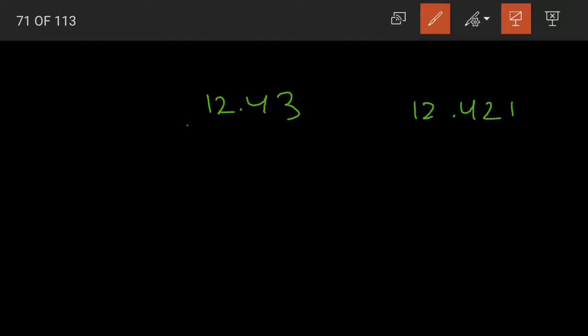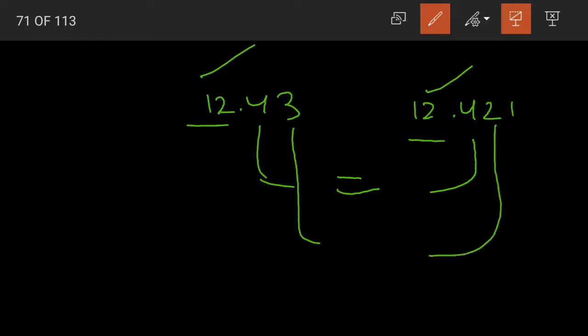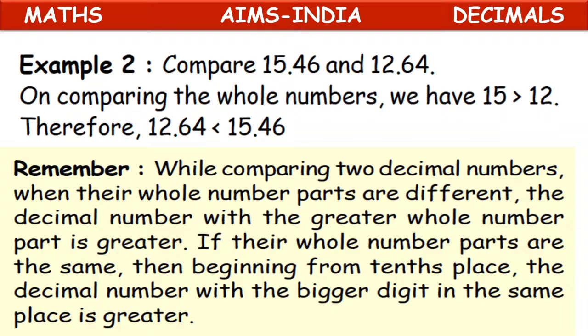What if I have two decimal numbers like this, where the whole number part is the same and the digit in the 1/10 place is also equal? What should we do? Go for the digit in the 1/100th place. 3 and 2. 3 is greater than 2. So the number 12.43 becomes greater than 12.421. Clear, children, the comparison of decimal numbers.